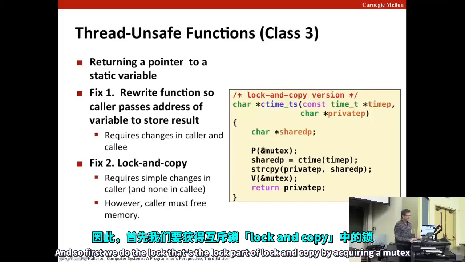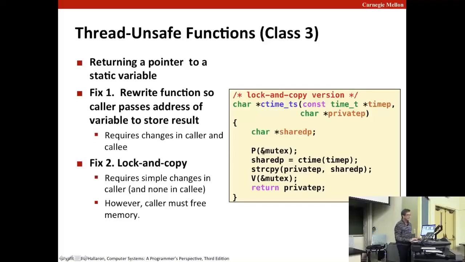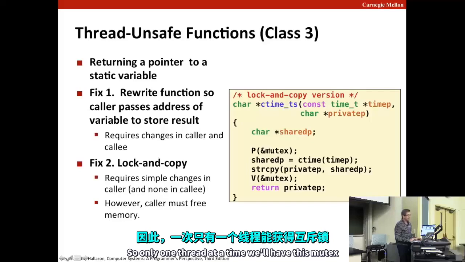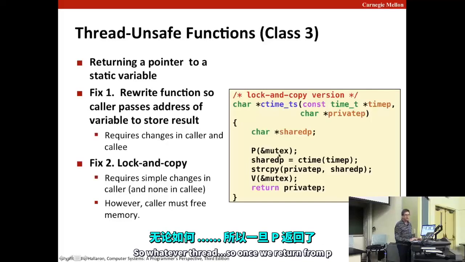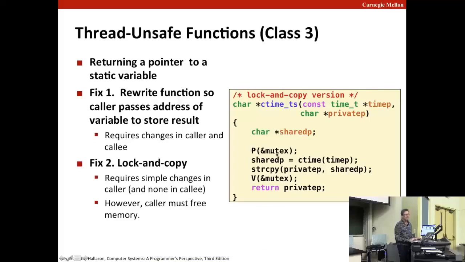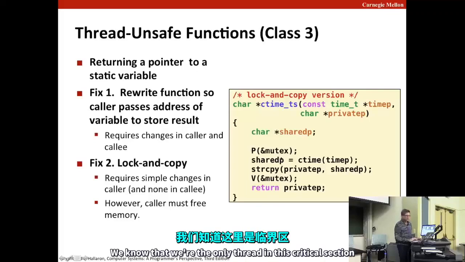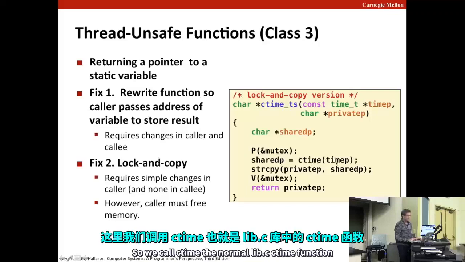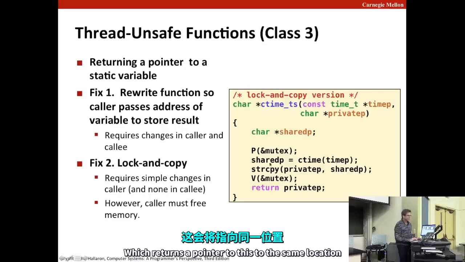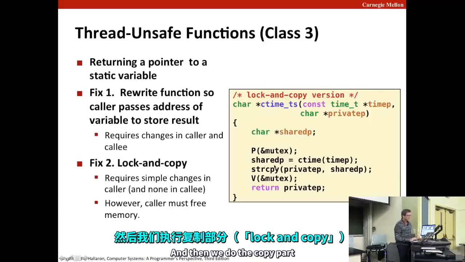And so first we do the lock, that's the lock part of lock and copy, by acquiring a mutex. And then we call ctime. So only one thread at a time will have this mutex. So once we return from P, we know that we're the only thread in this critical section. So we call ctime, the normal libc ctime function, which returns a pointer to this same location. And then we do the copy part.